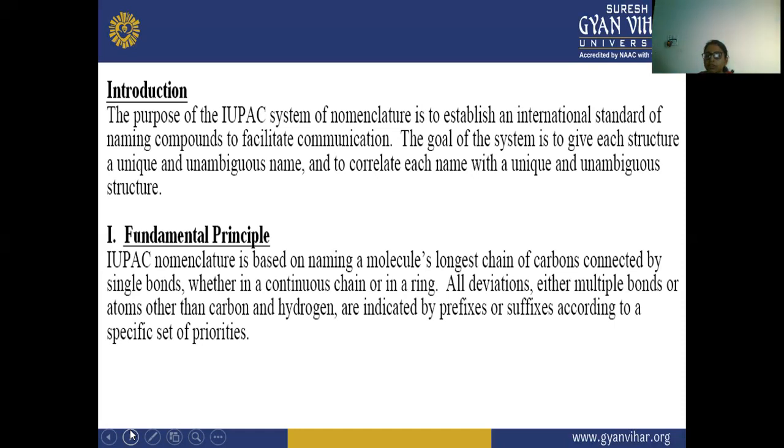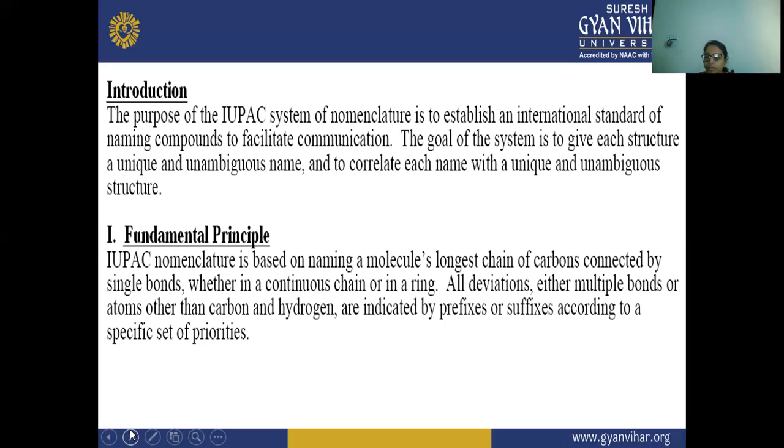We give a structure a unique name that cannot be mixed up with anything else. If two structures had the same name, it would be very confusing to identify which structure is which.